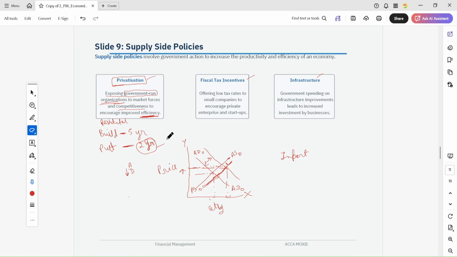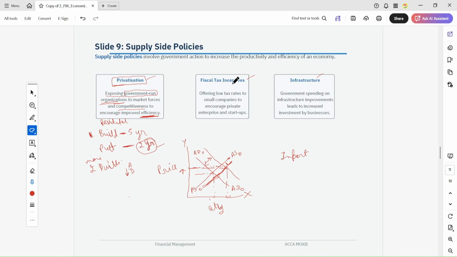So this means that instead of building one building in 5 years, they can build two buildings in 5 years. So the supply has now increased. So this is the supply side.